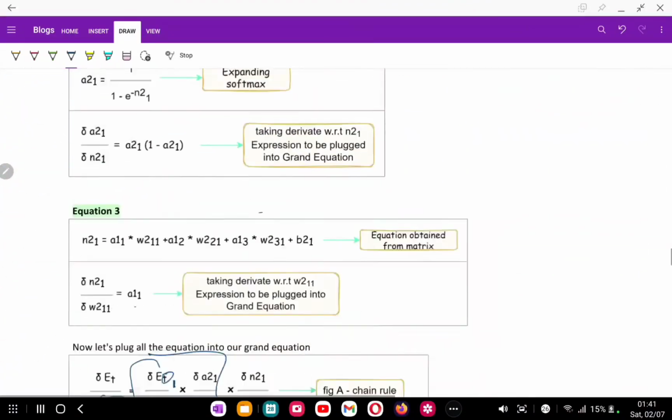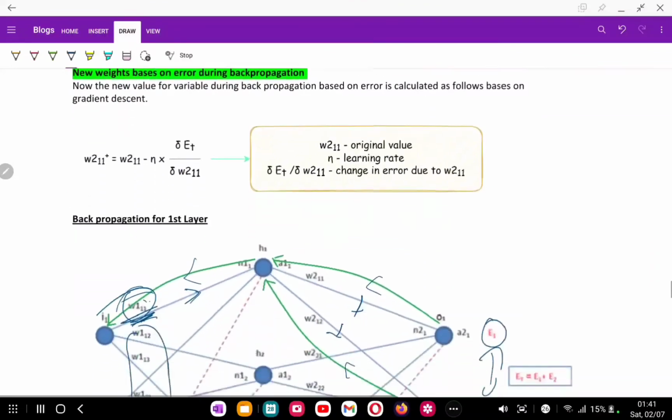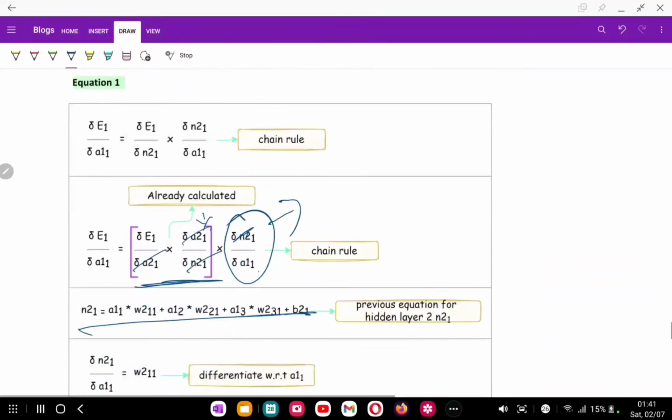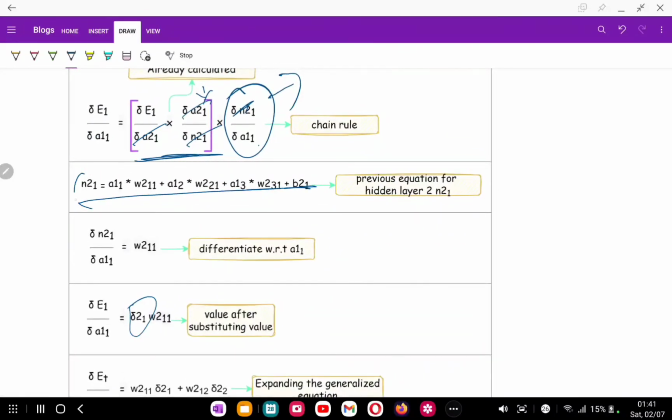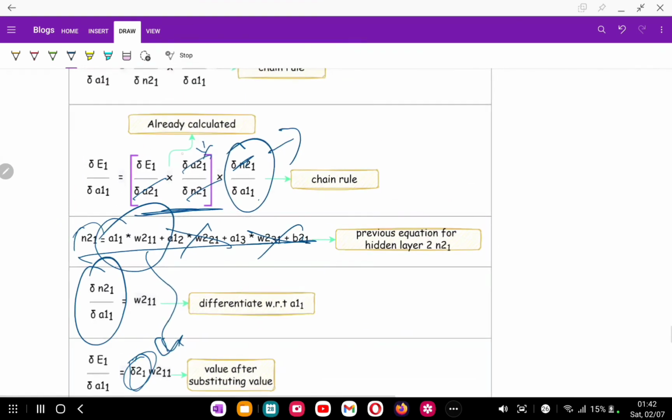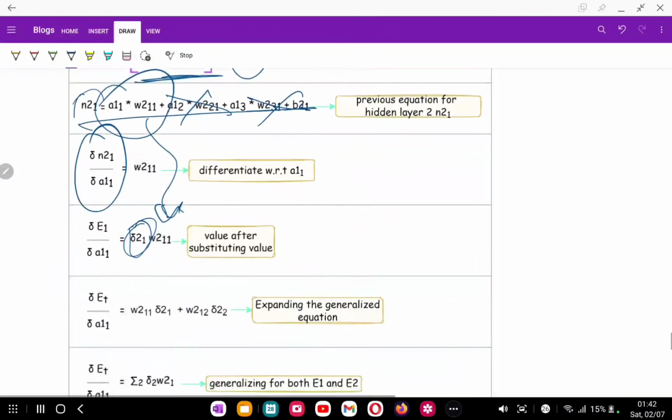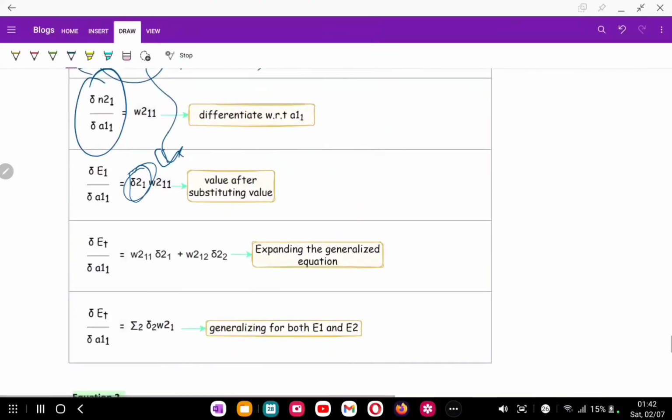So now when we take a derivative with respect to A11, all the elements which do not contain A11 will get crossed out. Only this contains A11, so W211 remains, and this we have, as I mentioned, it has already been calculated. So our first equation value will be this.